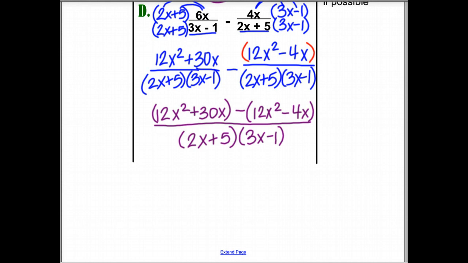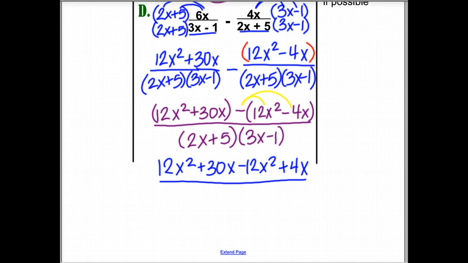So now I can go ahead and distribute this negative in, which means that on top I'm going to have 12x squared plus 30x minus 12x squared plus 4x, because it's minus a negative, and this is all over 2x plus 5 times 3x minus 1.